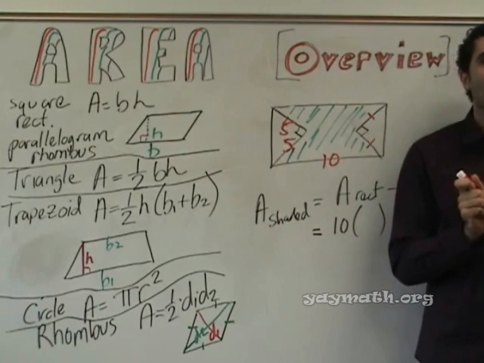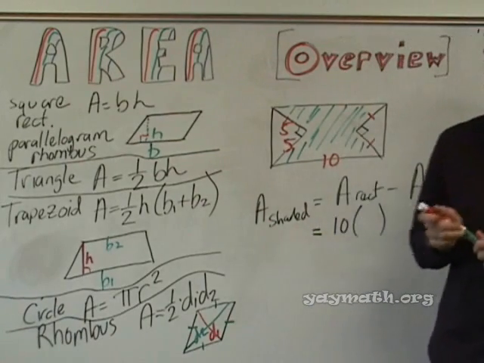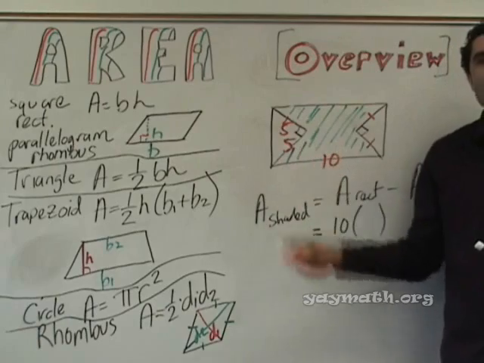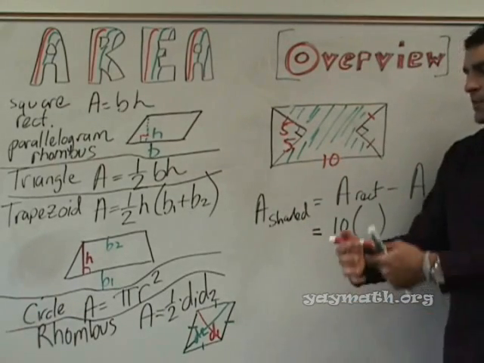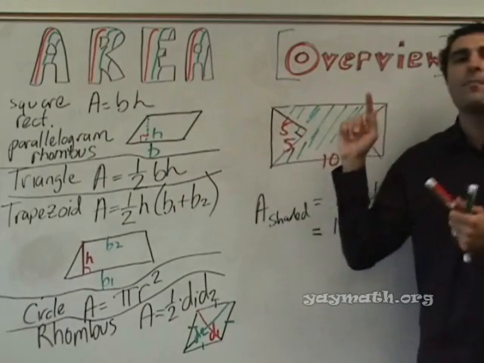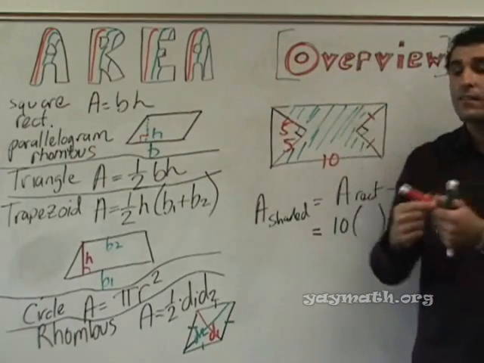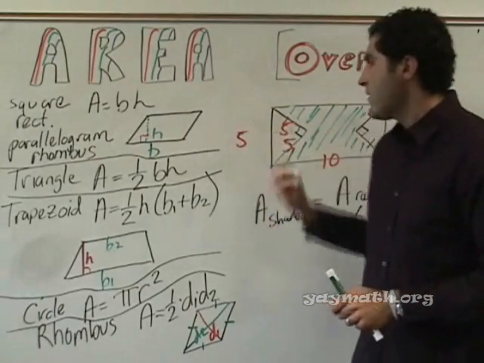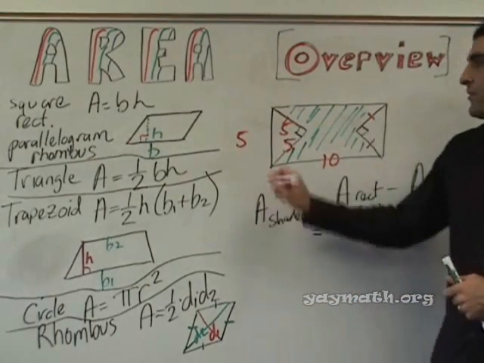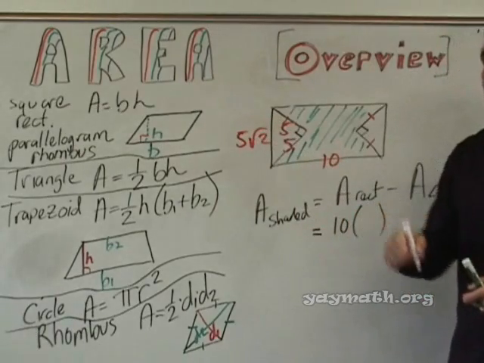45, 45, 90. How can you spot a 45, 45, 90? If the legs are the same. And what's the rule about going from a leg to a hypotenuse in a 45, 45, 90? Times radical 2. So you take the leg, which is 5, and you multiply it by radical 2. Now you said Pythag, which would be square root of 50.